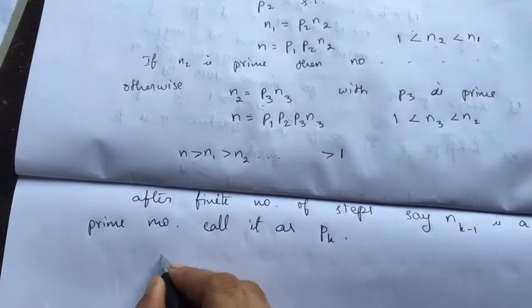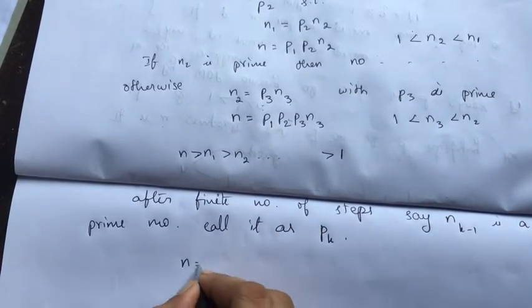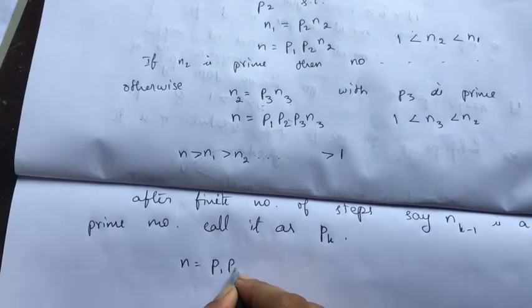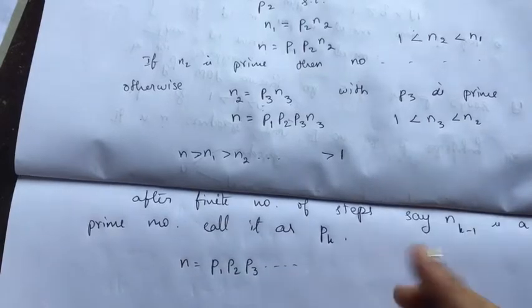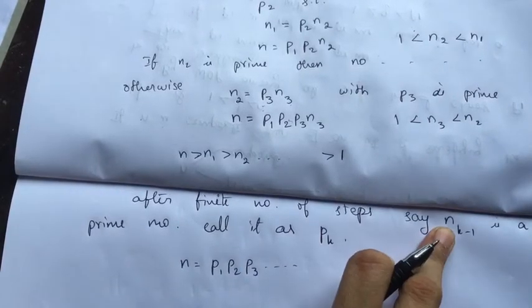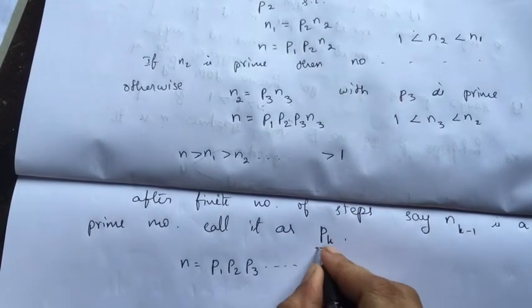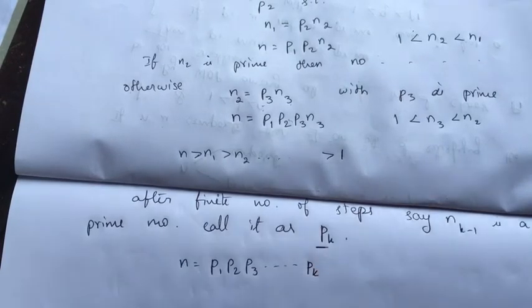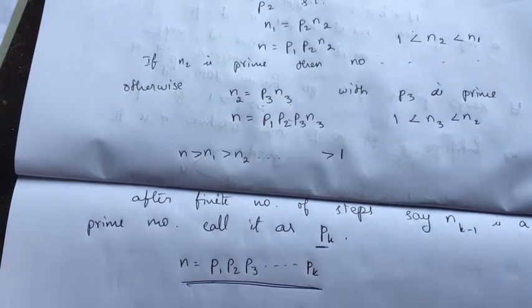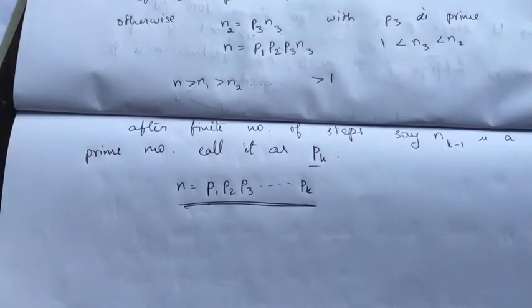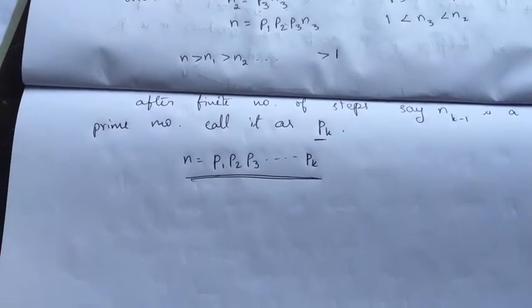Therefore, it leads to the factorization of n as p1 into p2 into p3 and so on, up to the k minus 1th step. You are getting a prime number itself, and I'm calling it as pk. So n is written in terms of product of primes. Now I have to check for the uniqueness.